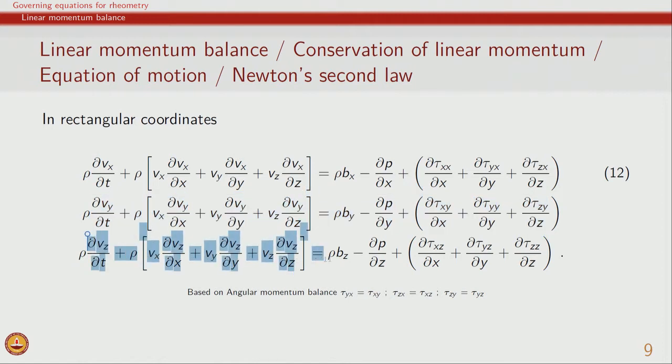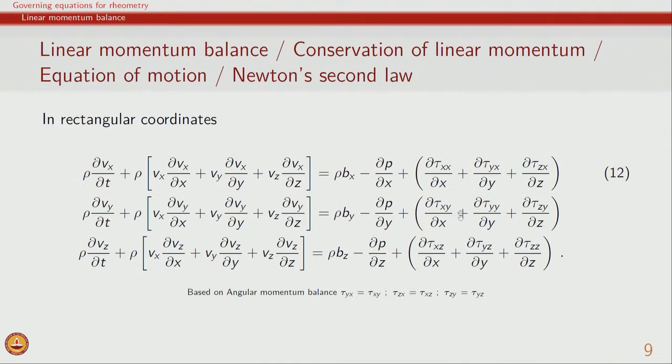Similarly, the third component is related to the velocity in the z direction, and therefore Vz is the velocity involved. Then there is the body force, with similar components in the x, y or z direction, and similarly the gradient of pressure in the x direction, the gradient of pressure in the y direction and the gradient of pressure in the z direction.